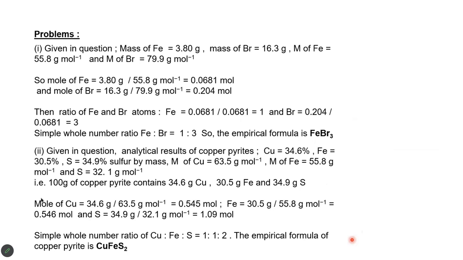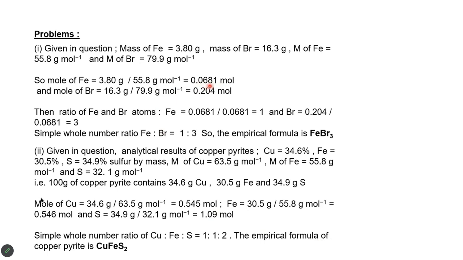For problem 1, in the question, the mass of iron is 3.8 gram, and the mass of bromine is 16.3 gram. The molar mass of iron from the periodic table is 55.8 gram per mole, and the molar mass of bromine is 79.9 gram per mole. So moles of iron is the amount of iron divided by molar mass. We get 0.0681 mole of iron.